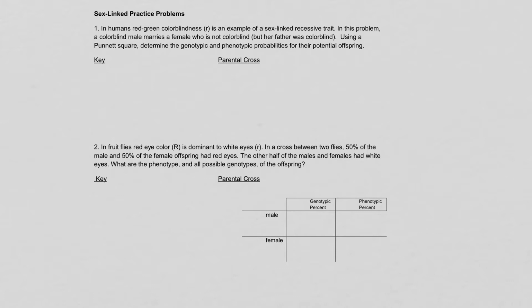So first you have to come up with the genotypes of the parents. Our key: little r, it's colorblind, big R, it's normal. And a colorblind male, so we know for sure that his genotype, the cross here, his genotype is, well, that's too big.